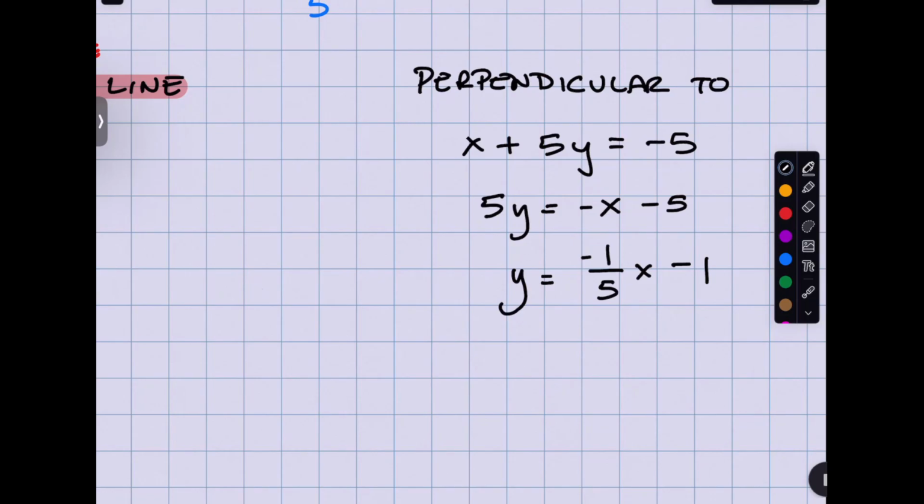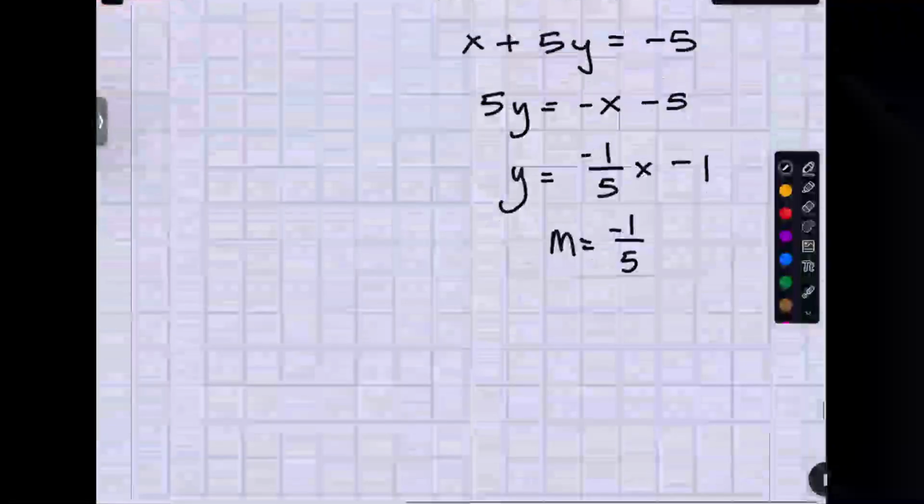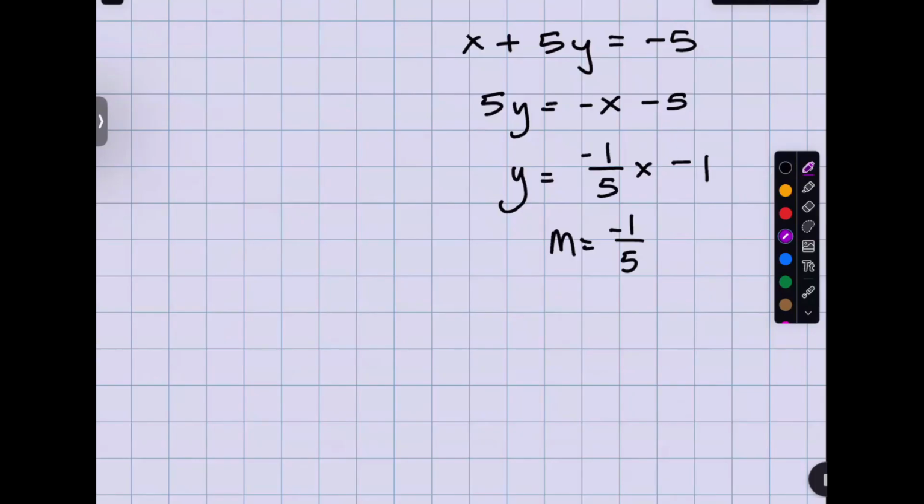She wants something perpendicular to that. Fair? So his slope is negative 1/5. So what is the slope that is perpendicular to that? That is the symbol for perpendicular, and that's going to be what? 5.